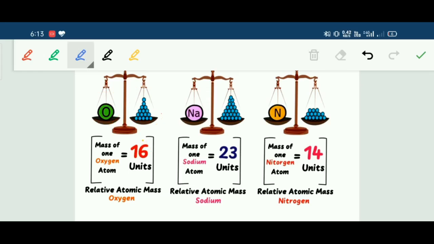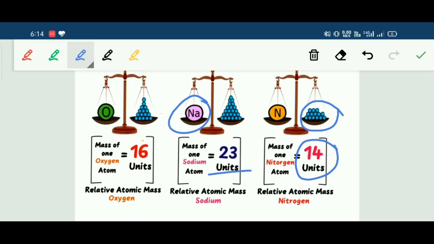Similarly, the mass of sodium comes out to be 23 units, as it was equivalent to 23 such particles, and similarly the mass of nitrogen comes to be 14 units, as it was equivalent to 14 small units. Similarly, we can calculate relative atomic masses of other elements also.